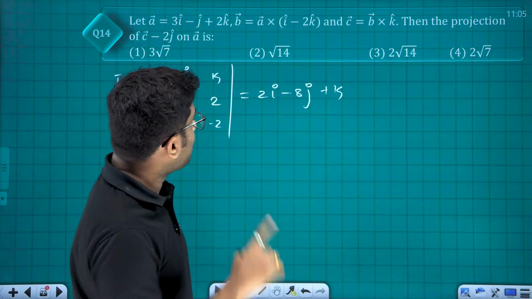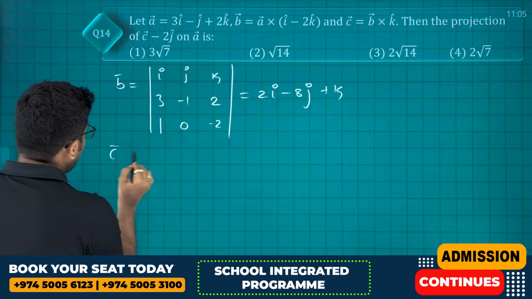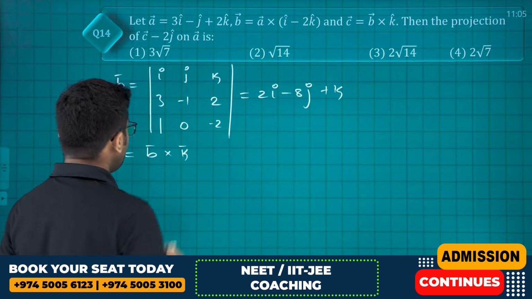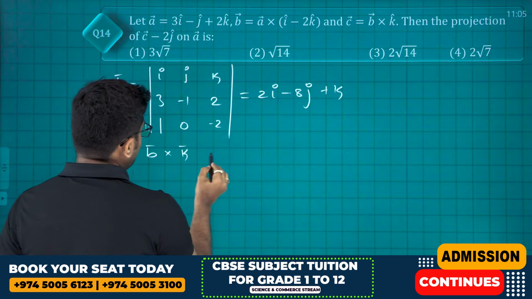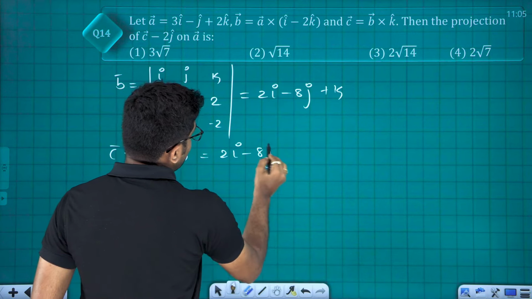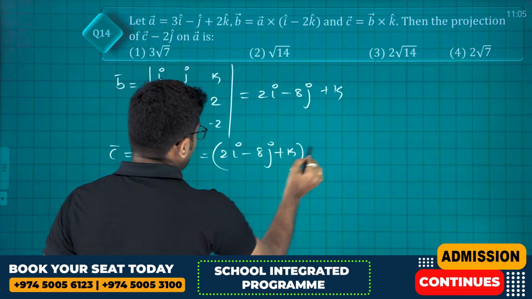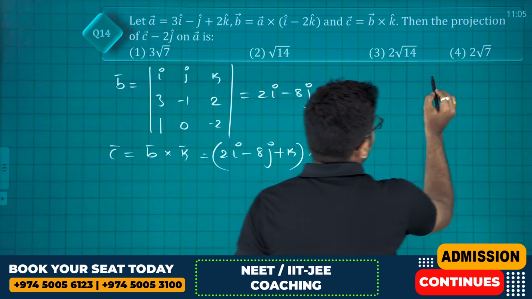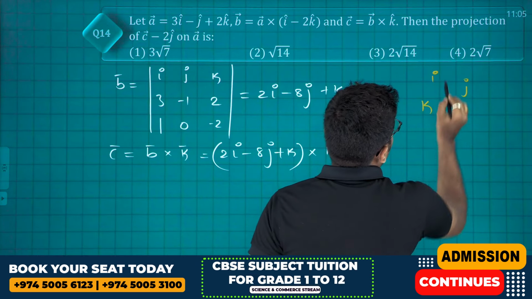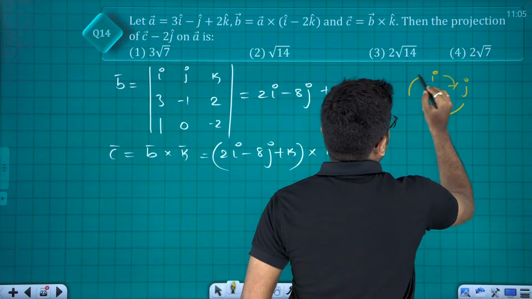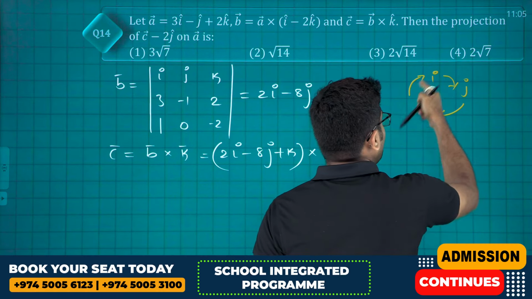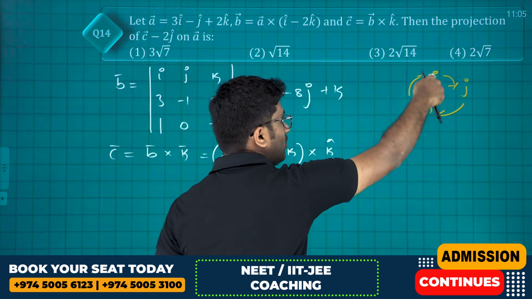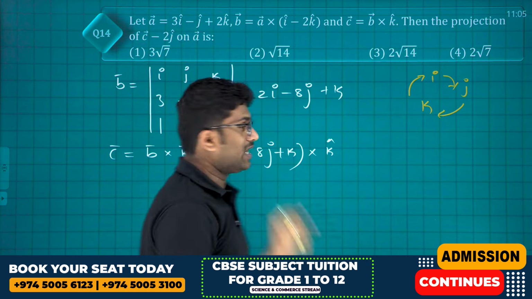Now once we get B bar, C bar is equal to B bar cross k cap. So that is 2i minus 8j plus k cross k. We know i cross j is k, j cross k is i, k cross i is j, but if you go in the opposite direction you get the negative.